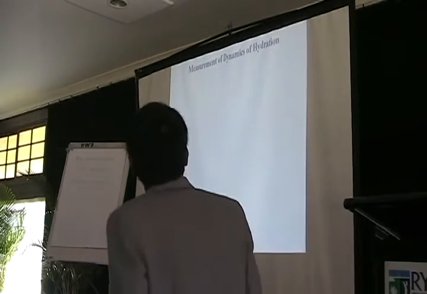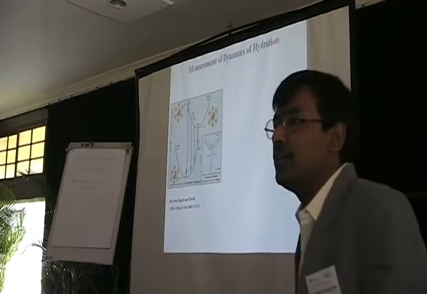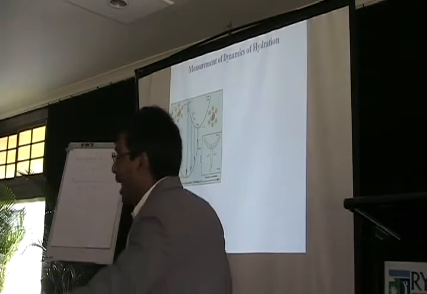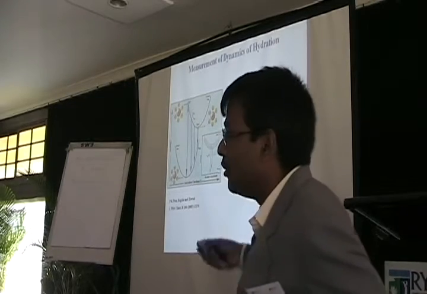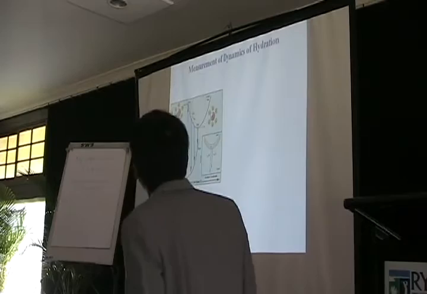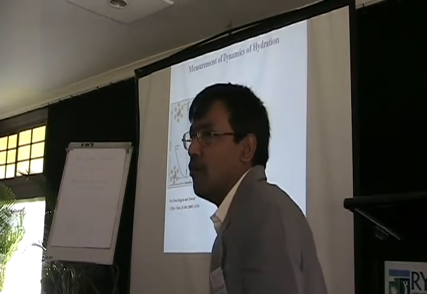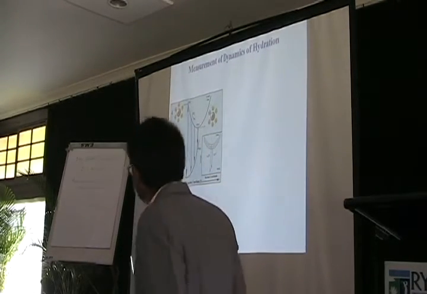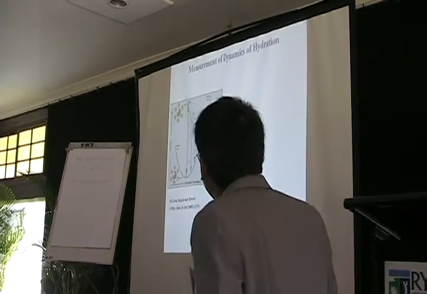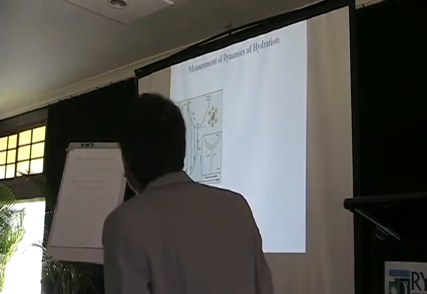Let me tell you the physics of the measurement of hydration dynamics in our case particularly. Thanks to Dongping, who already introduced these figures to this audience. We took a chromophore, which could be covalently attached very deep inside or at the surface of the protein. This is the chromophore and these are the water molecules.